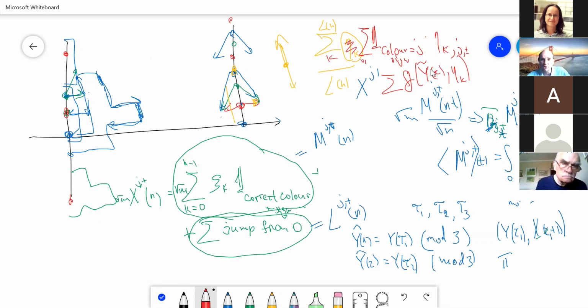And there are results on laws of large numbers for such functionals. So it's well known.